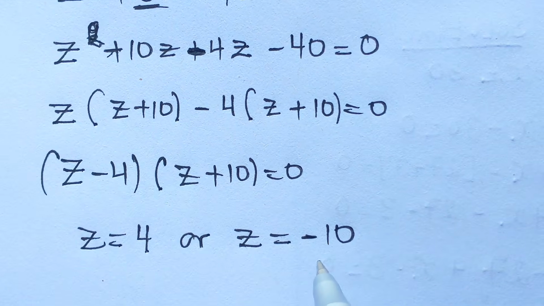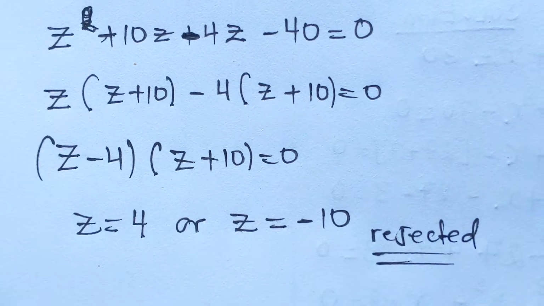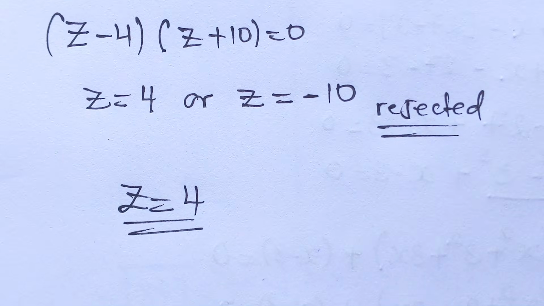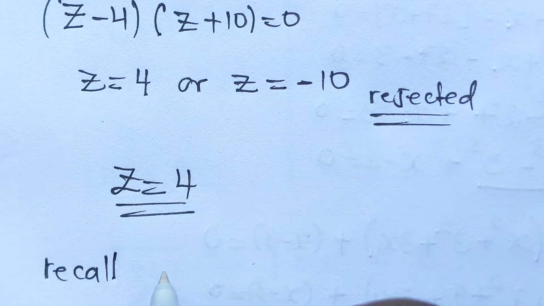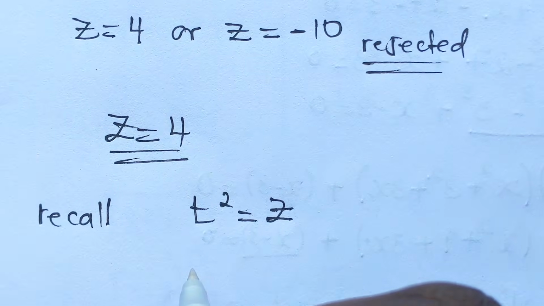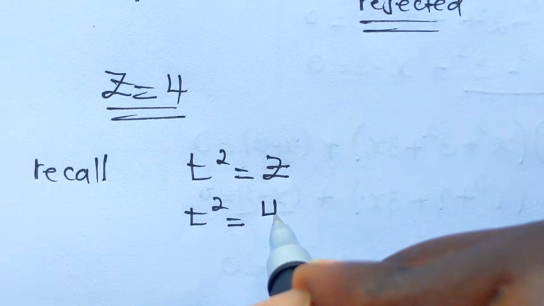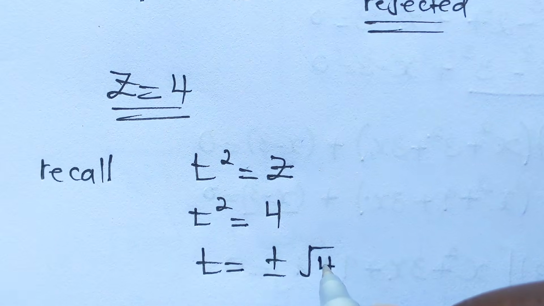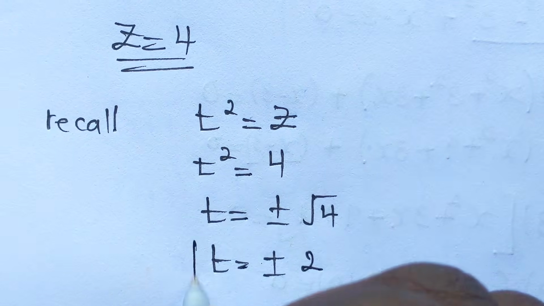At this stage, negative 10 will be rejected, and we remain with z equal to 4. Recall that t squared is equal to z, so t squared is 4, then t is positive or negative square root of 4, so t is positive or negative 2.